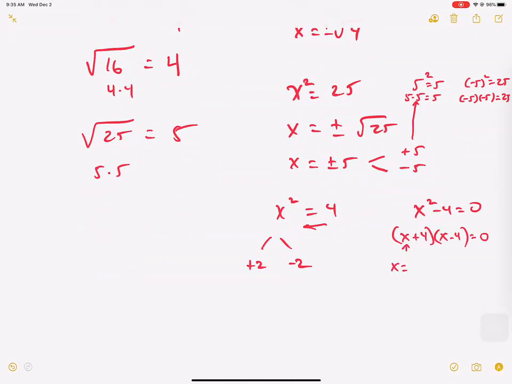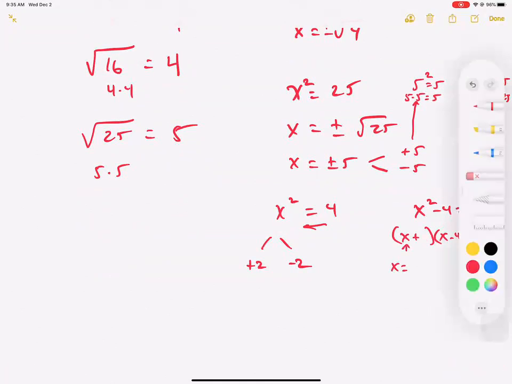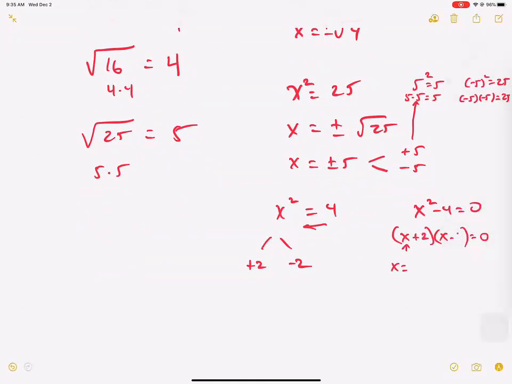Oops, sorry, I wrote the wrong number. That's a 2. 2 and 2, because 2 times 2 is 4. My first answer would be negative 2. My second answer would be positive 2. So whether I factor or I solve algebraically, we end up with the answers plus and minus 2.